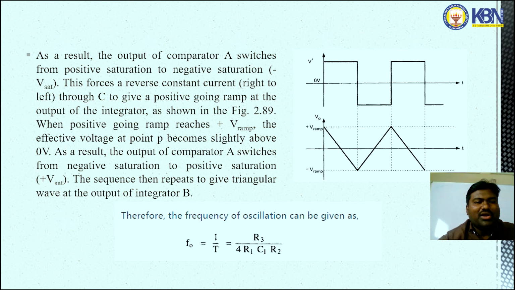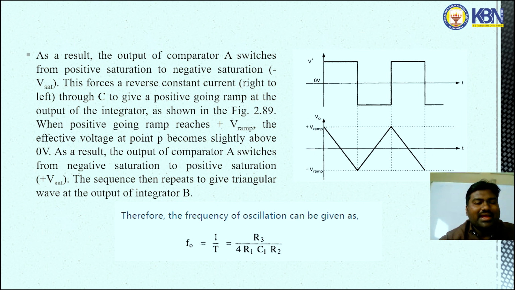The figure shows the positive going ramp reaches plus Vramp. The effective voltage at point P becomes slightly above 0 volts. As a result, the output of the comparator switches from negative saturation to positive saturation, that means minus Vsat to plus Vsat. The sequence repeats in a similar way.